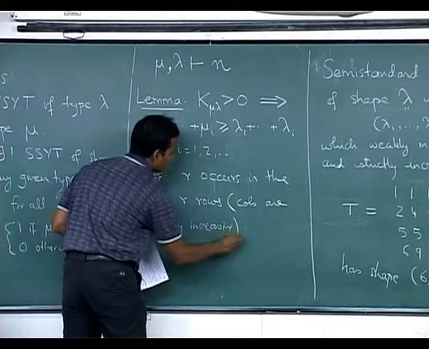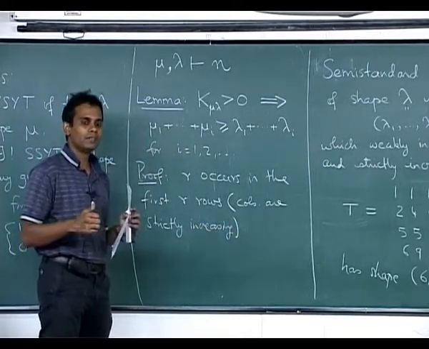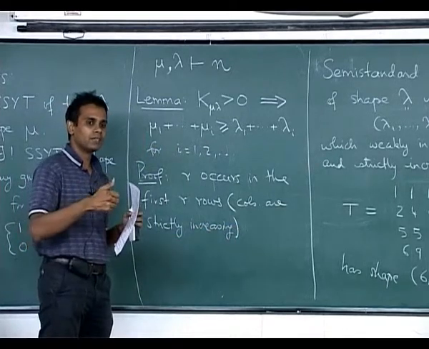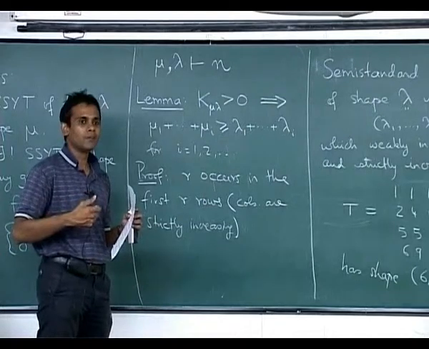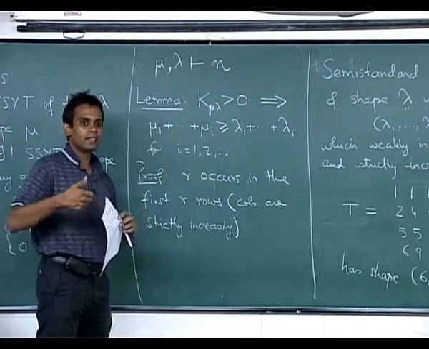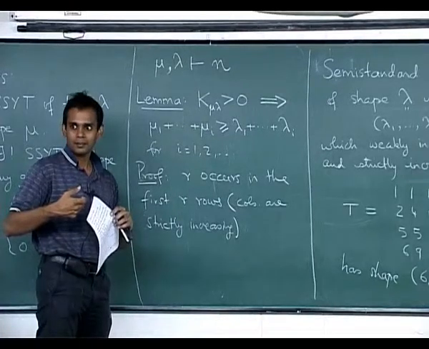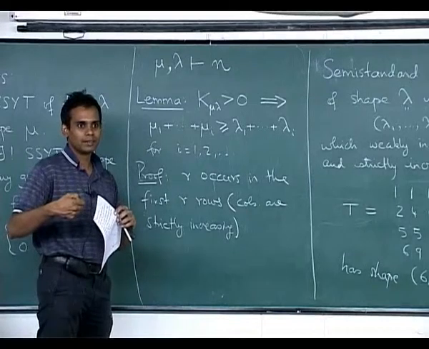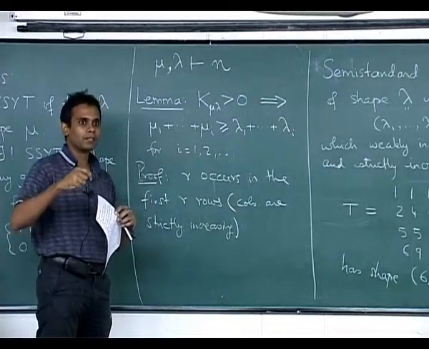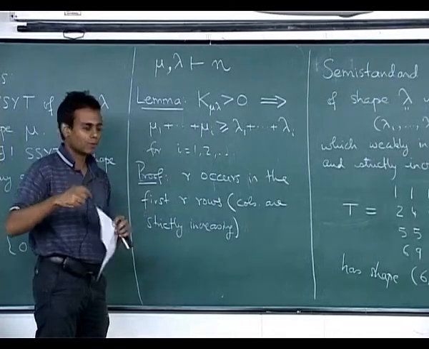Which means that there must be enough space in the first r rows to put in all the occurrences of the numbers 1, 2, 3 up to r. But how many entries are there of the form 1, 2, 3 up to r? The type keeps track of how many 1s there are, how many 2s there are. So there are lambda 1 plus lambda 2 plus up to lambda r such numbers from 1 to r.